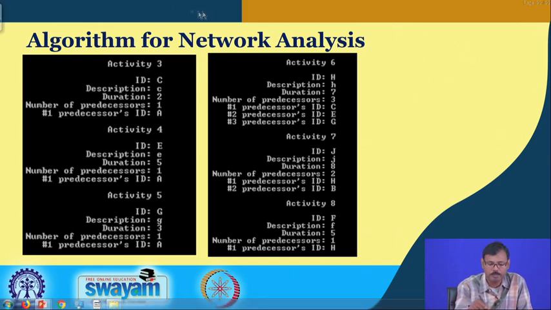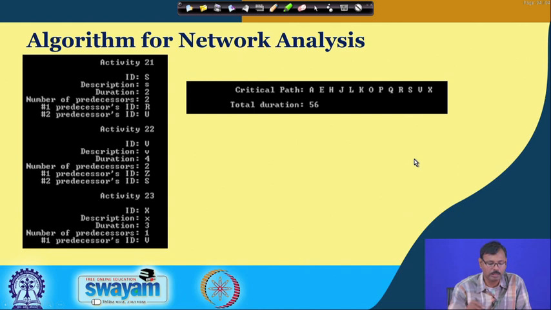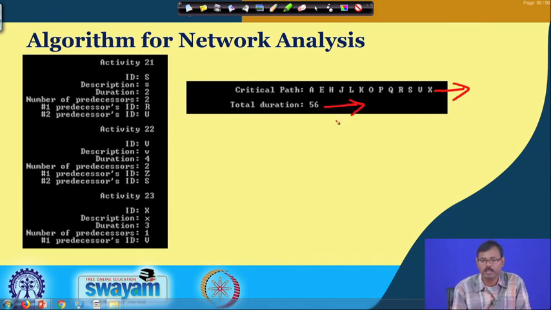Finally, activity 9, activity 13, and activity 17 are part of the critical network, and that is why their names are placed, and their total duration is summed up. This is the critical activity set associated with the critical path, and this is the total duration, obtained by summing up the Tij's of these durations.